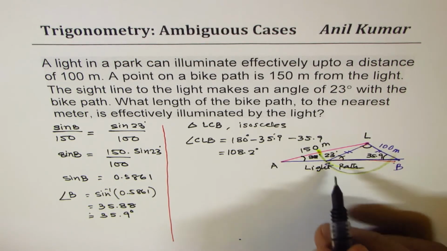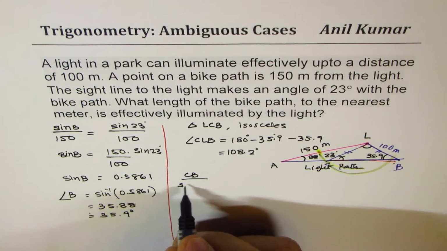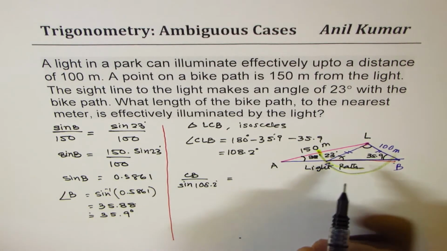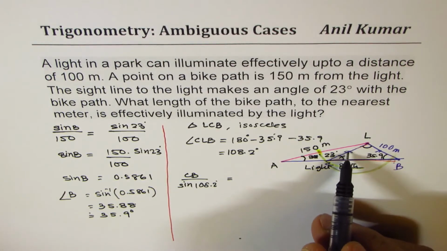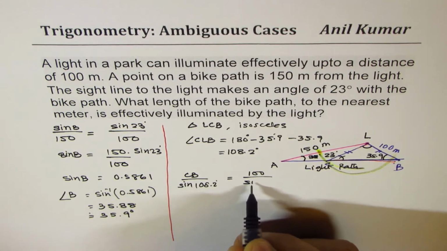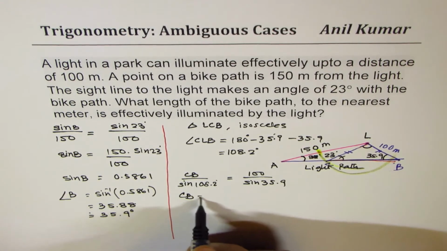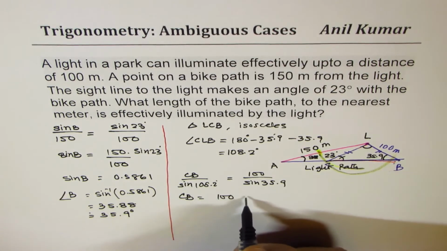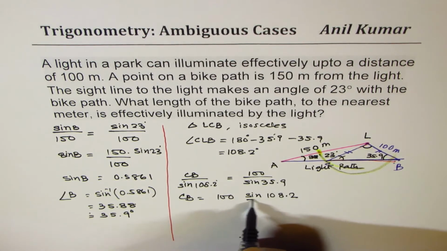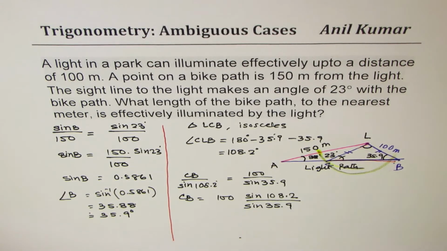So we can now say that CB over sine of 108.2 degrees is equal to 100 over sine of 35.9, or length CB is equal to 100 times sine of 108.2 divided by sine of 35.9.